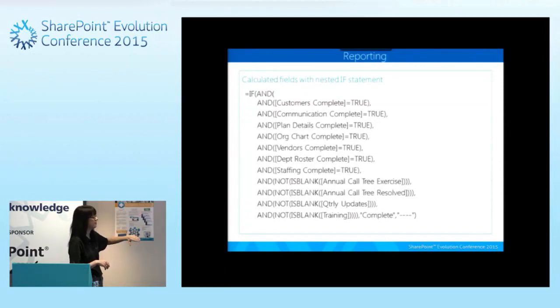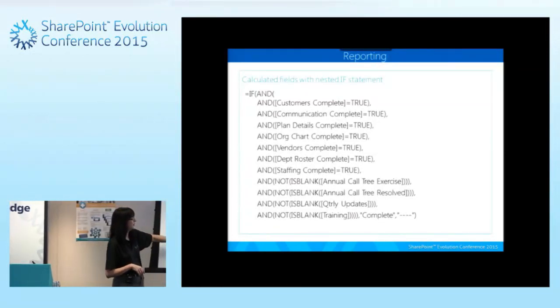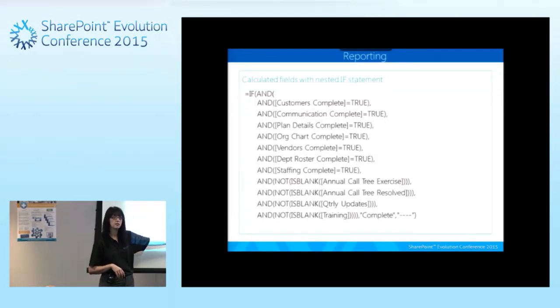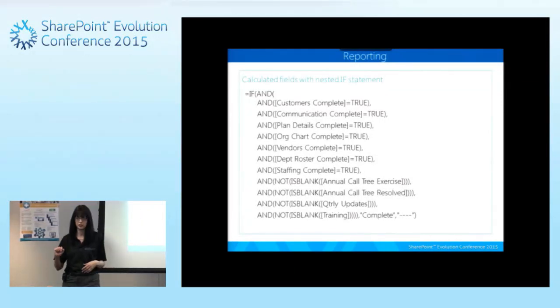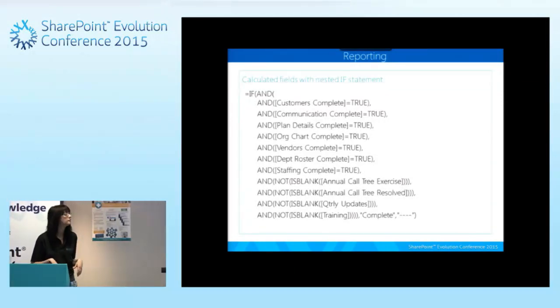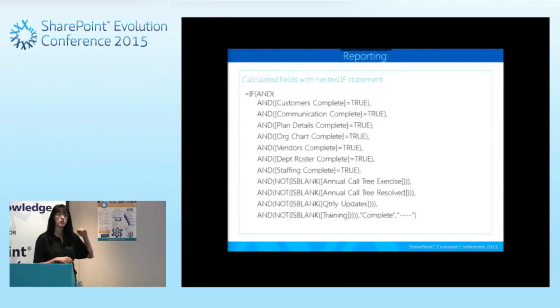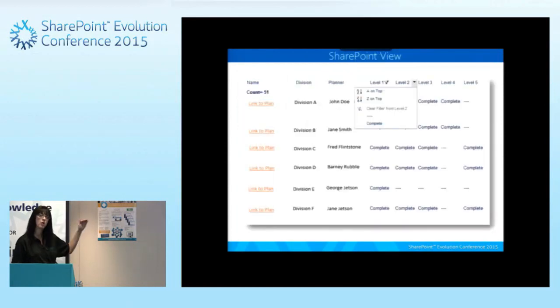So this is our if statement. So if they had completed all of it, it would mark it complete. If they hadn't, it would just put little dashes there. So it was easy to see for reporting. So again, we just walked through, did a big nested if statement for each one of those completed sections so we knew where they were completed at.